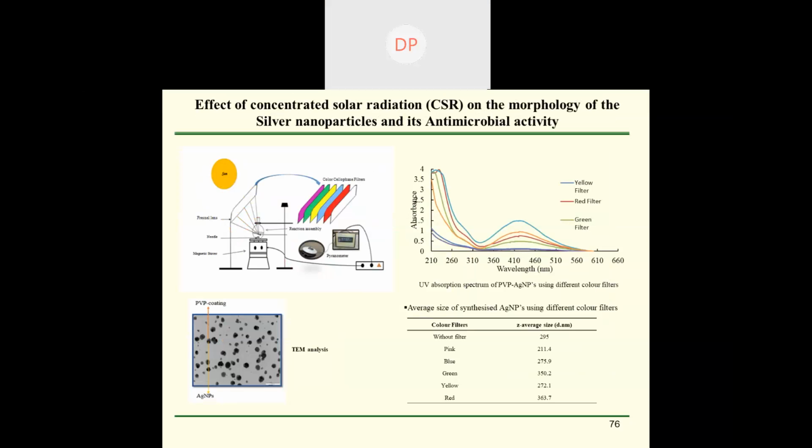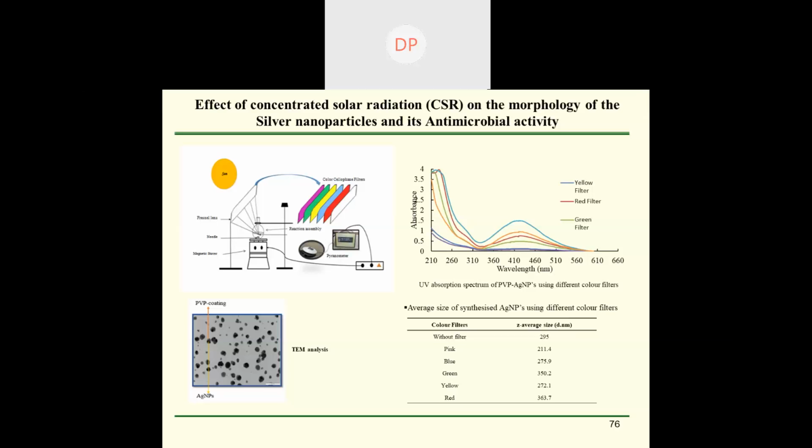Then we thought whether, during the synthesis of silver nanoparticles, by putting any color type of filters or films, a specific wavelength can be given to the solution media. Without filter and with filter, we observed various average particle sizes.